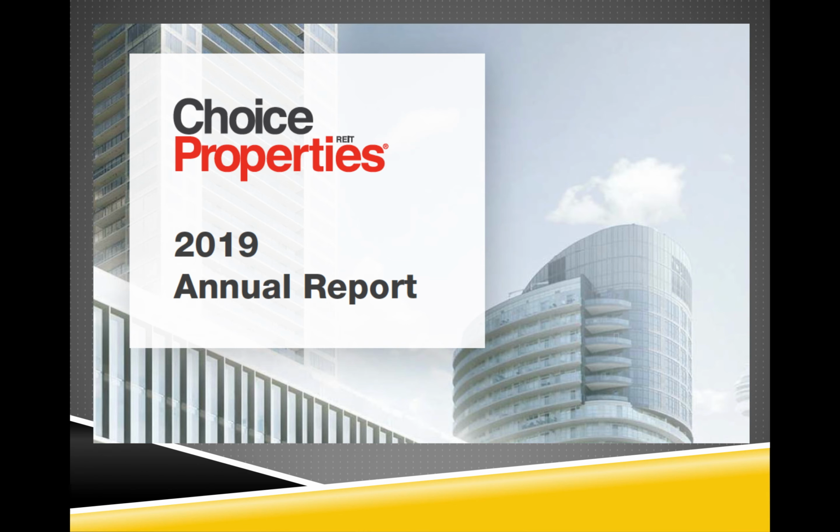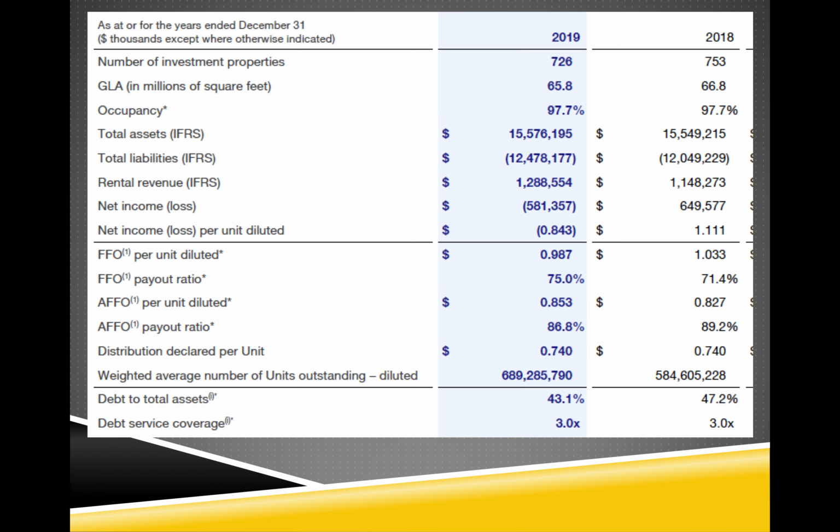And here's an annual report for Choice Properties from 2019, and we see a couple things here. The number of investment properties actually rose a little bit from 2018 to 2019, from 753 to 756. The occupancy rate was really high, 97.7%. The total assets of the REIT were $15 billion because everything on the financial statements is shown in thousands.